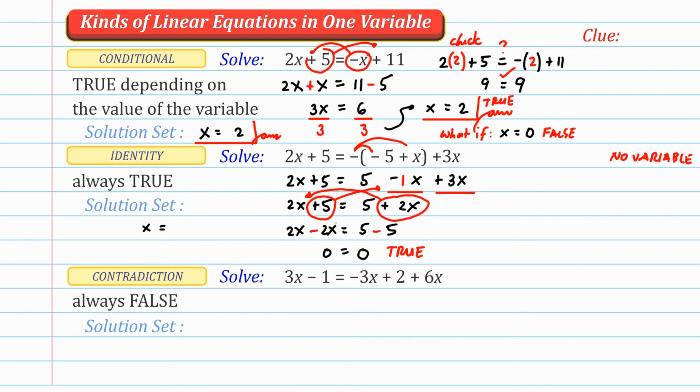Your x doesn't matter because it cancels out. Whatever x is, it won't matter. So, that means whatever the value of x is, this statement is true. Right? Whatever your x is, it will cancel out, it will always be true.